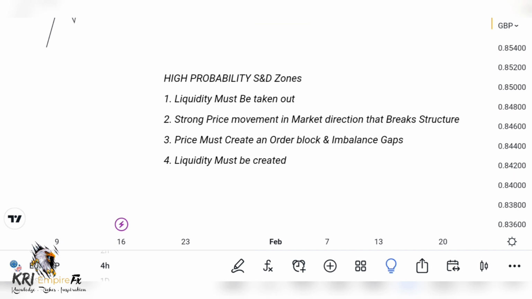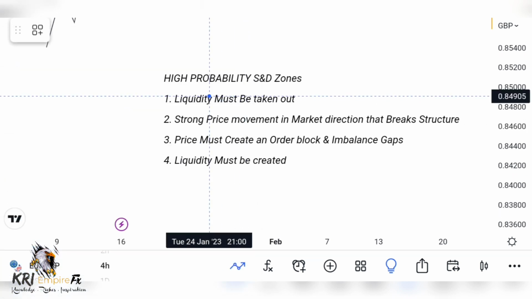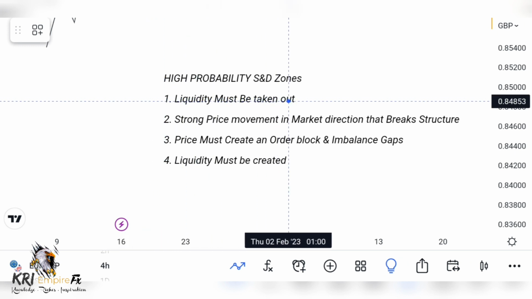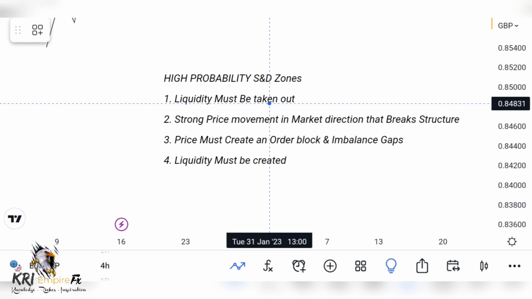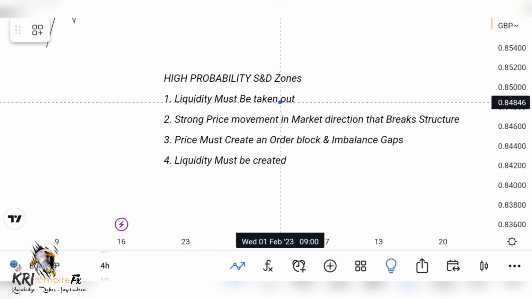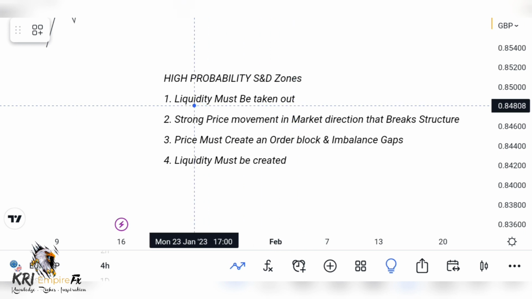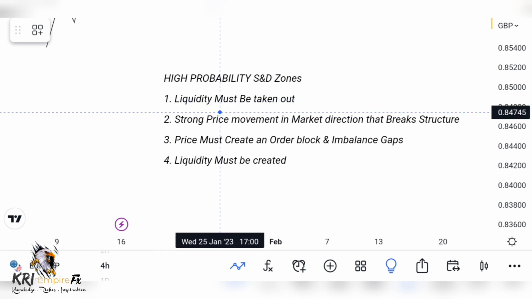The first condition is that first liquidity must be taken out in whatever trend the market is in, whether it's in a downtrend or a rising trend or an uptrend. First, liquidity must be taken.